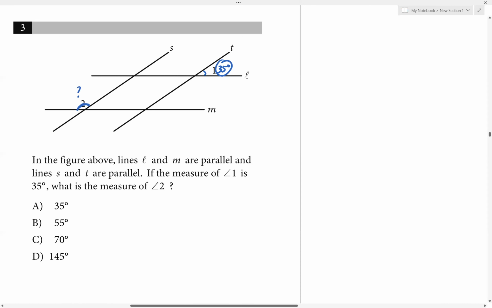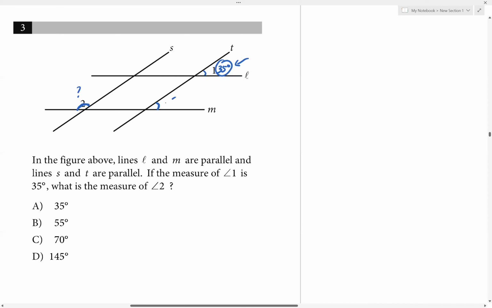Okay, so what we have here are two sets of parallel lines. When we have parallel lines, there are some special angle relationships that we can figure out. There is more than one way to look at this, but if we have this angle 35, then we know this angle right here.